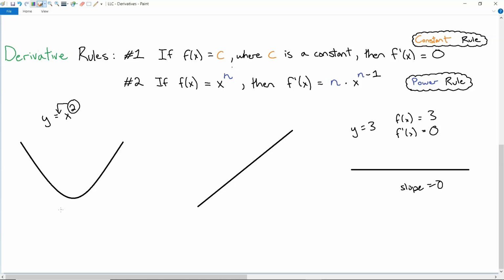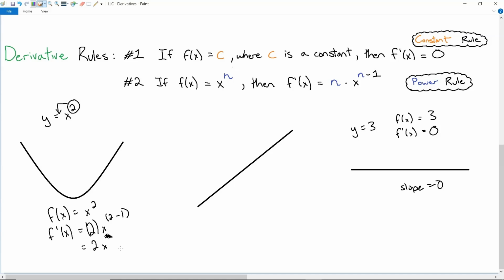So I'm just going to rewrite this as f of x equals x squared. And so if I find f prime of x, or the derivative, I'm going to get 2 times x to the 2 minus 1, which is just going to be 2x to the power of 1, and we can ignore exponents of 1.